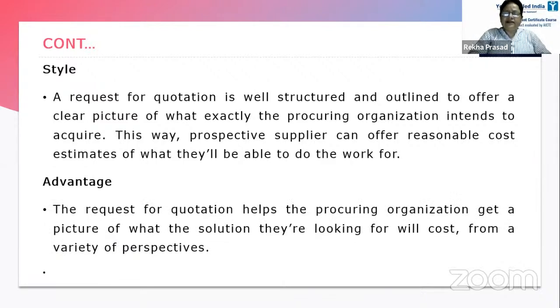What is the advantage? The request for quotation helps the procuring organization get a picture of what the solution they are looking for will cost from a variety of perspectives. So they'll know exactly, because after all, their pricing of the finished good will depend on it.